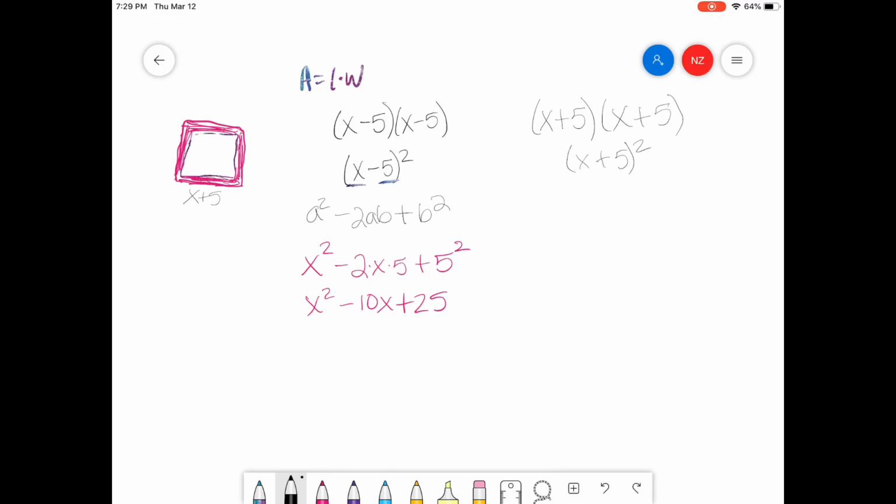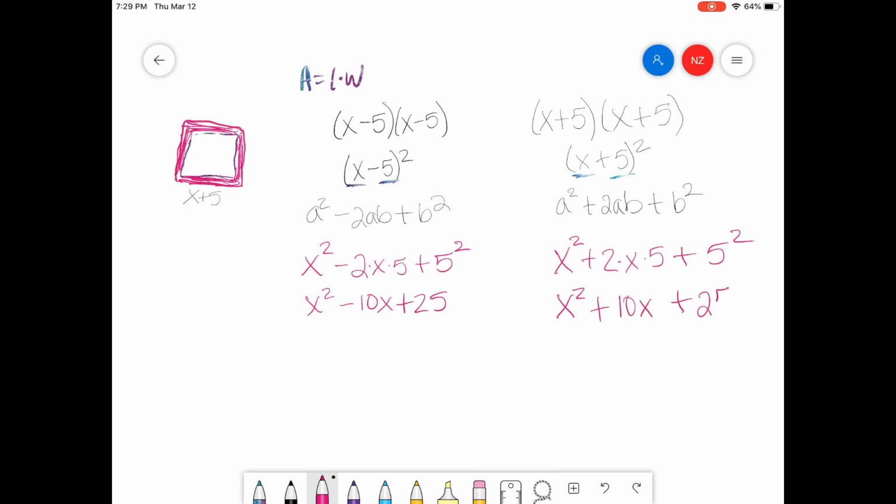If you remember that rule, it would be a squared plus 2ab plus b squared. In this case, a is x and b is 5. When I multiply this out, I have a, which is x squared, plus 2 times a times b plus b squared. Clean it up: x squared plus 10x plus 25.